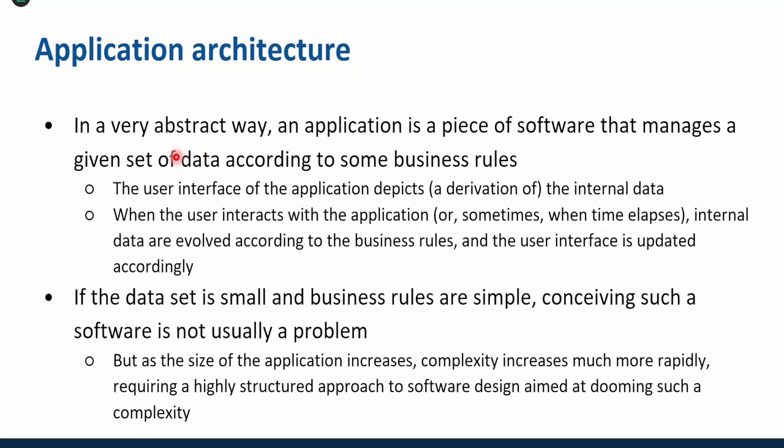the user, who will interact via some graphical interface, the data eventually flows and is processed according to some business rules, which are also referred to as business logic, a keyword that we already used a few lectures ago.